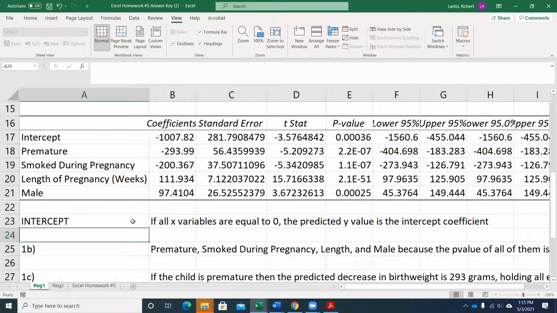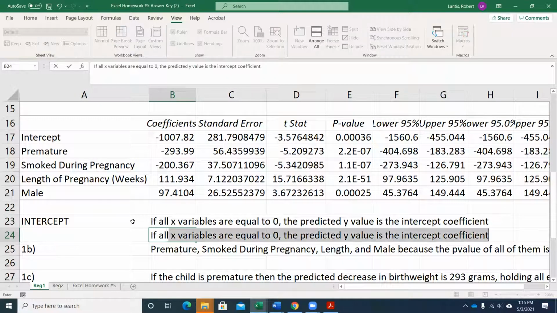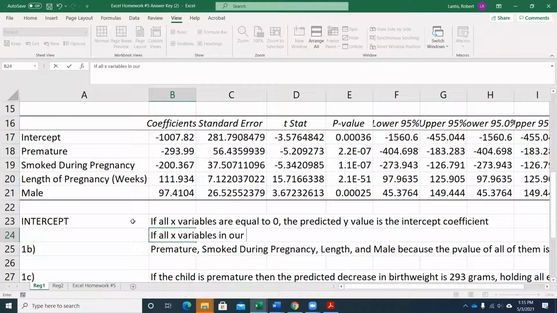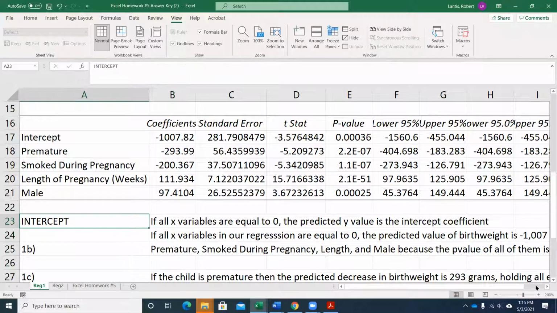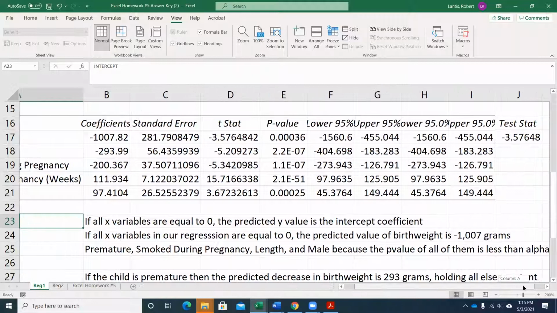So for us, I could just say if all x variables in our regression are equal to 0, the predicted value of birth weight is negative 1,007 grams. Let me move this over here so we can see all this.